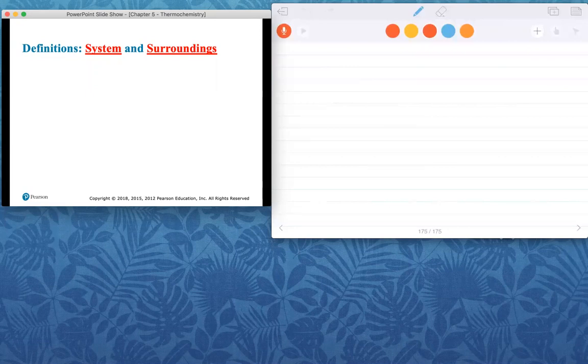If this is my system and the reaction is taking place right here, and here I have the thermometer, if the reaction is giving away heat, I cannot measure the temperature of the lab.